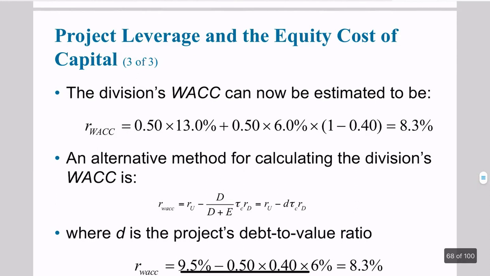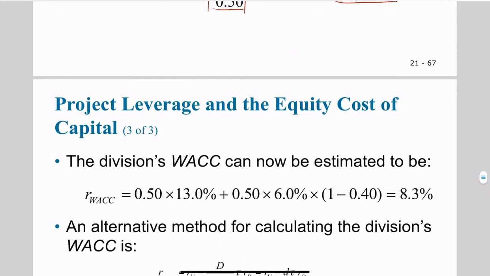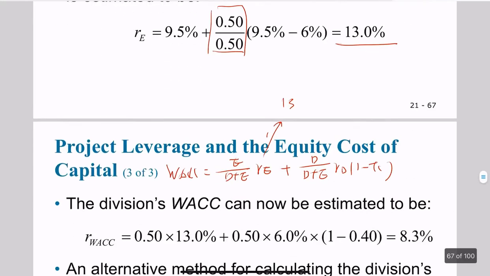So now we can calculate the firm's WACC, right? And you can see that we have all the numbers we need. This RE is 13%, which we just calculated.